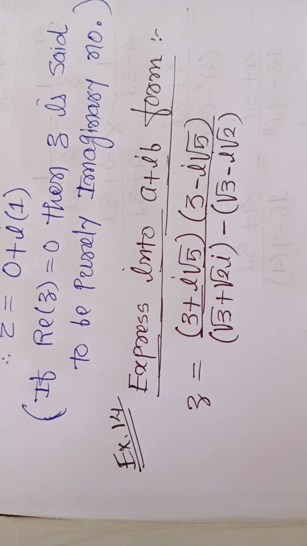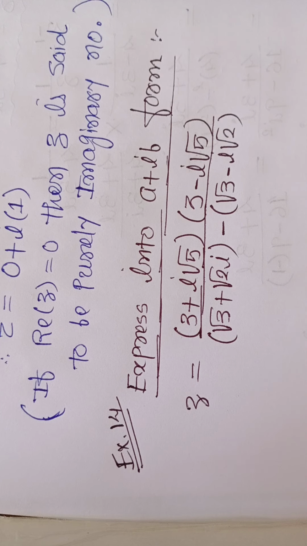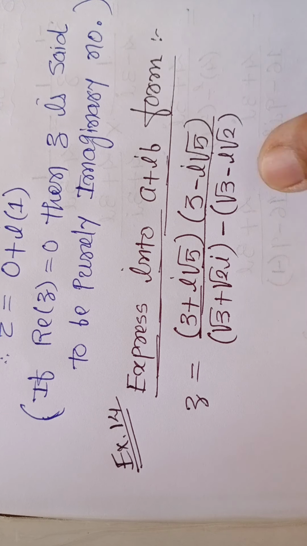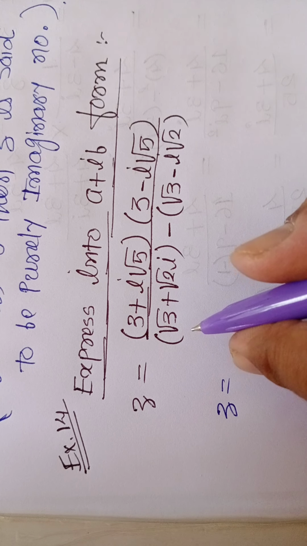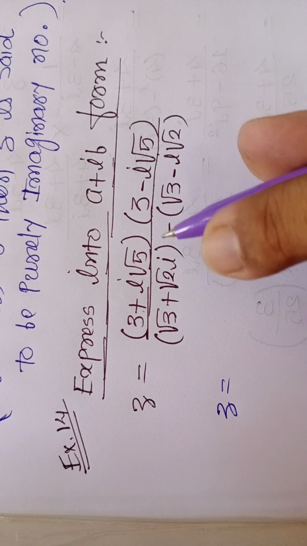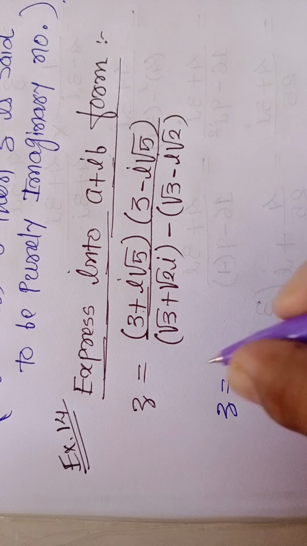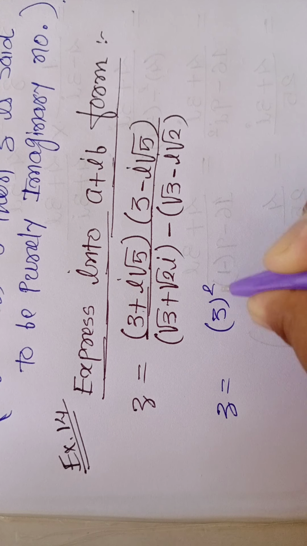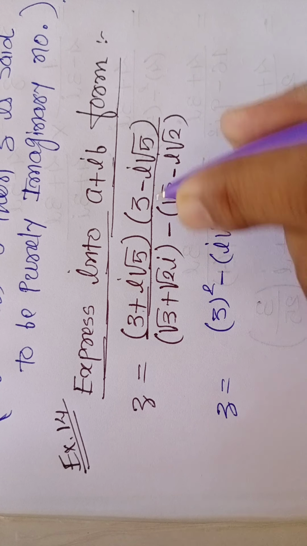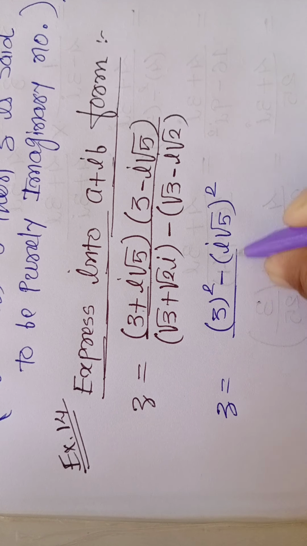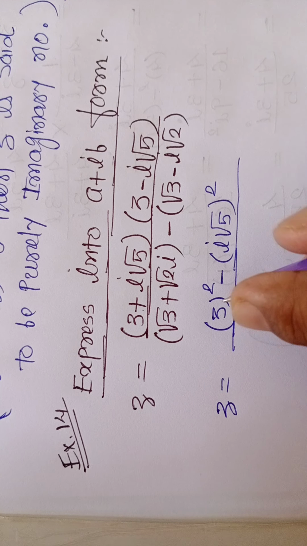So let me solve it with the help of this simple multiplication, and the denominator is also a simple calculation. Z is equal to, I think you know that in the numerator this is (x plus y)(x minus y). What is the product? x square minus y square. I can write this as 3 square minus (i root 5) square, and here let me solve this bracket.